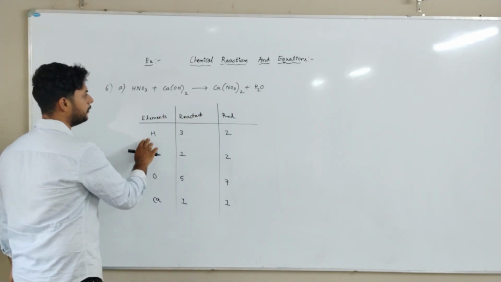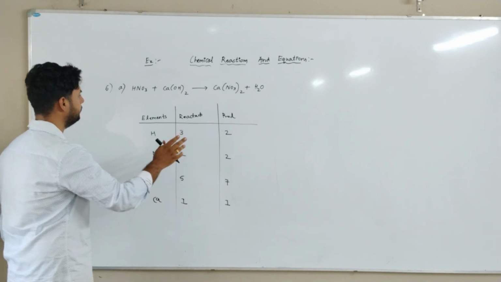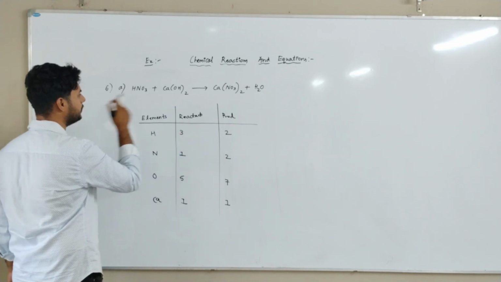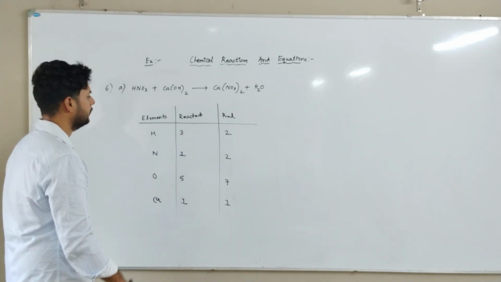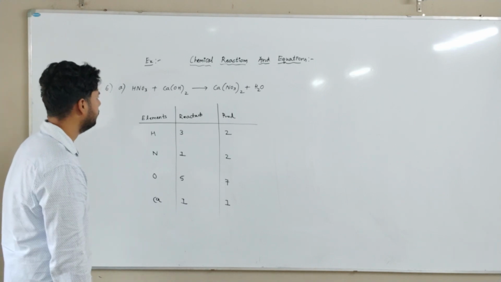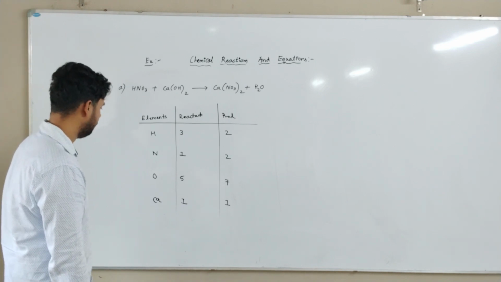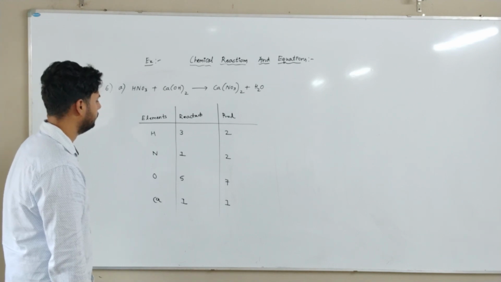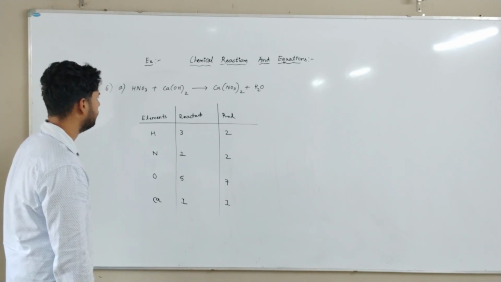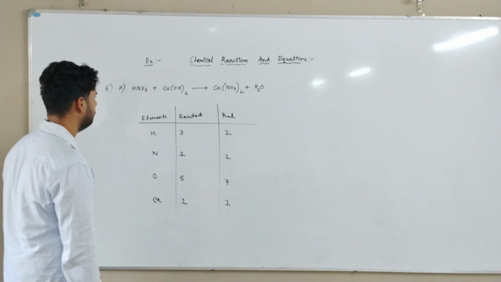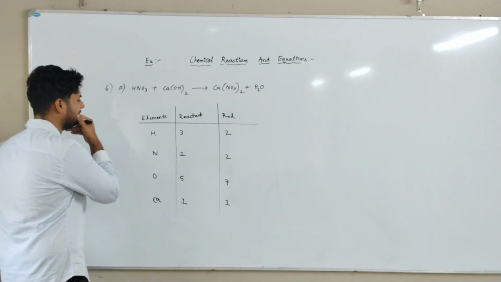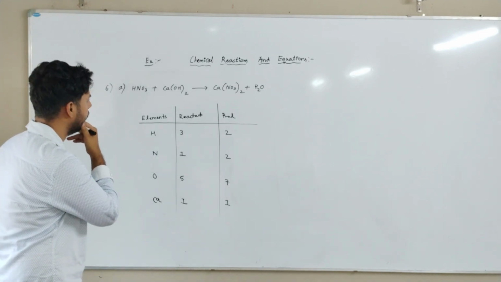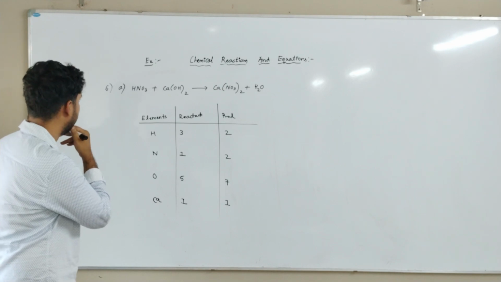So I will start from where? I will start from H. H is 3 here, correct? H2, H1. N, Ca1, 1, O5, O5 is 1. Where we will start? 2 into 1.